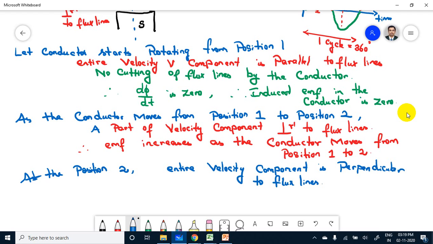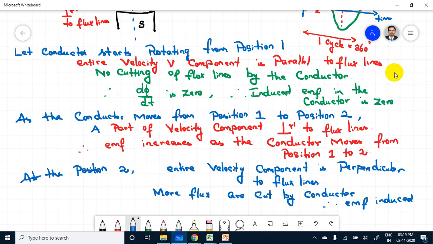Therefore, more flux is cut by the conductor, and the EMF induced is maximum.